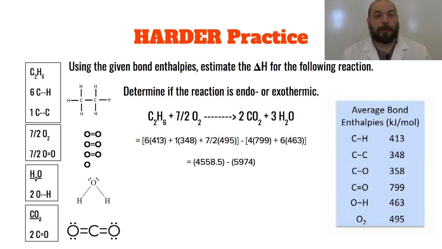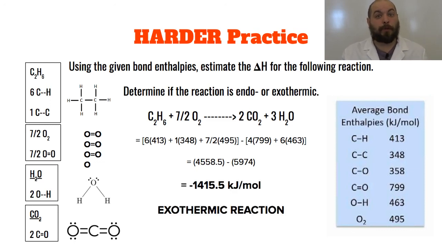So, when you think about this in terms of concept, we put in the energy to break the bonds of reactants. So we're putting in 4,558 kilojoules per mole. And we're getting out 5,974 kilojoules per mole, which means we're getting out 1,415.5 kilojoules per mole more than we're putting in.